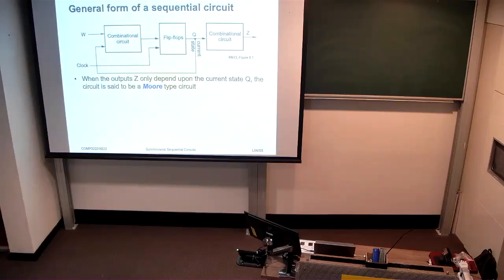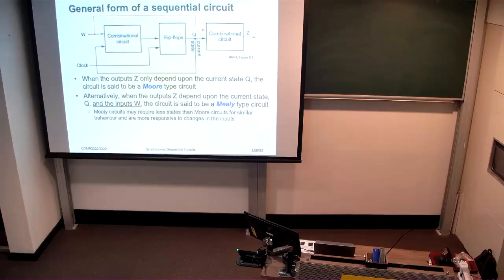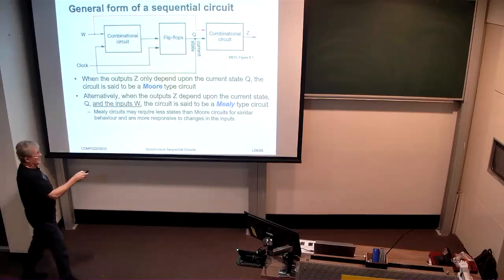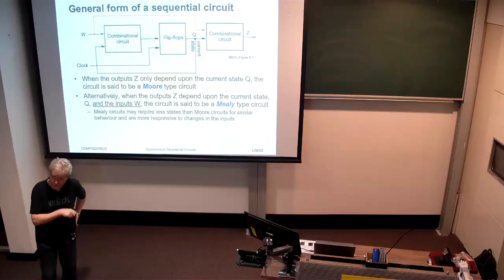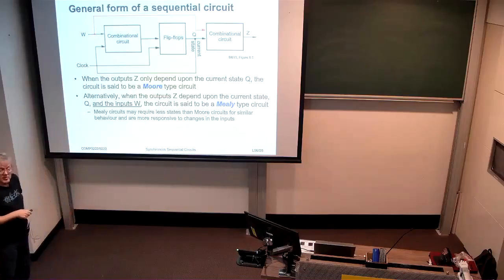Okay? If that feed-forward path is present, where the current output is a function not just of the present state, but of the current inputs as well, then that's known as a Mealy-type circuit. Okay?